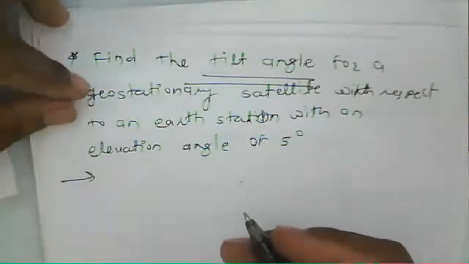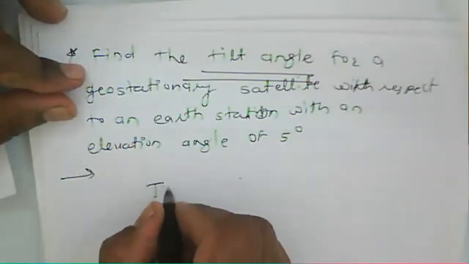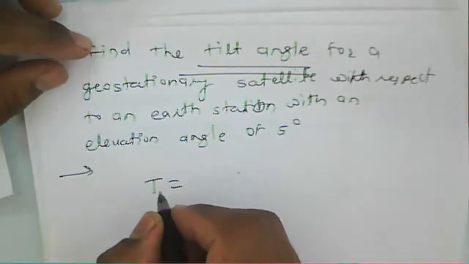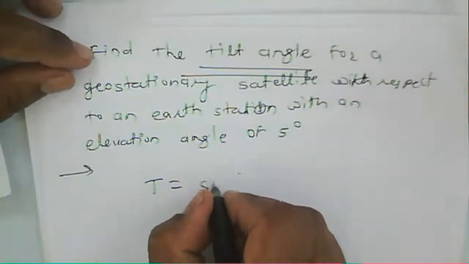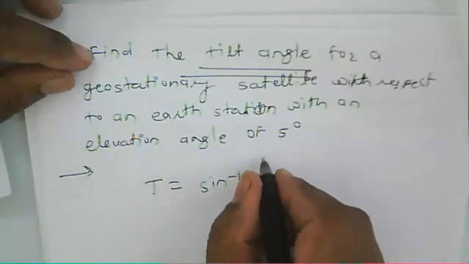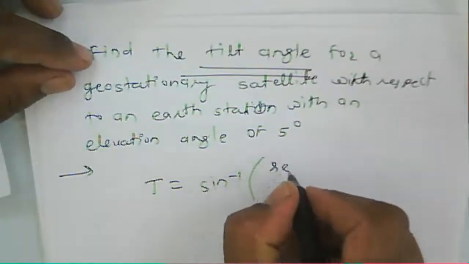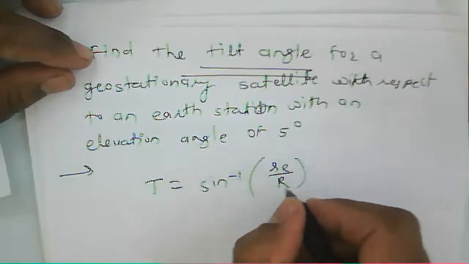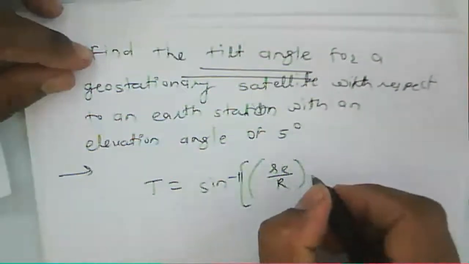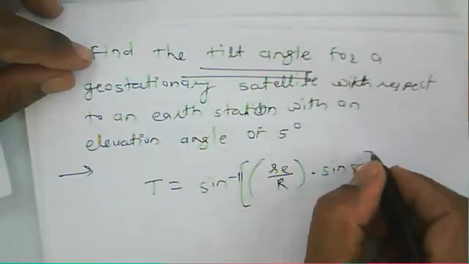That is nothing but the tilt angle. And that tilt angle T is equal to sine inverse of Re by R, where R is the slant range, into sine of gamma.